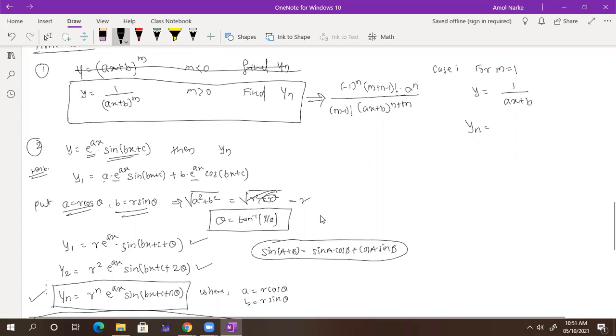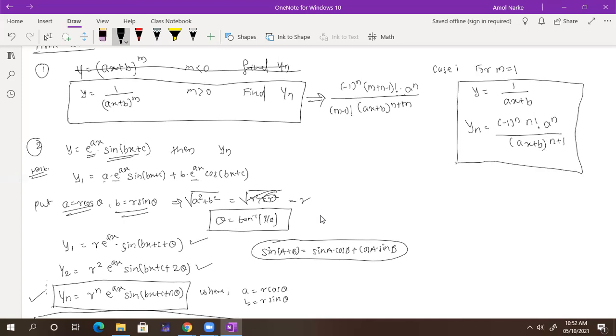So you will get only n factorial a raised to n and whole thing divided by, here m value is 1, 1 minus 1, 0 factorial. What is 0 factorial? 1. And you will get only ax plus b raised to n plus 1. So n plus 1. This is important. This is what we are using all the time while solving the examples.